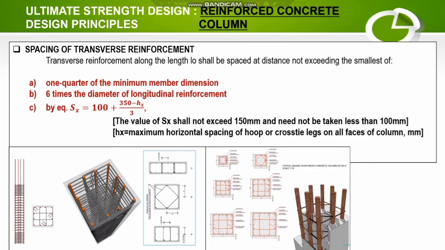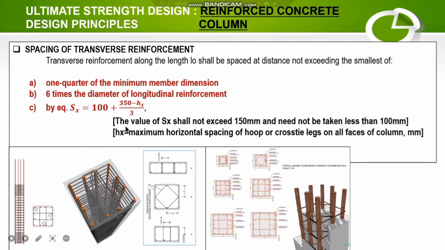The spacing of transverse reinforcement. Transverse reinforcement along the length Lo shall be spaced at distance not exceeding the smallest of the three. First, 1/4 of the minimum member dimension. Second, 6 times the diameter of longitudinal reinforcement. And third, by equation So is equal to 100 plus (350 minus hx) over 3.